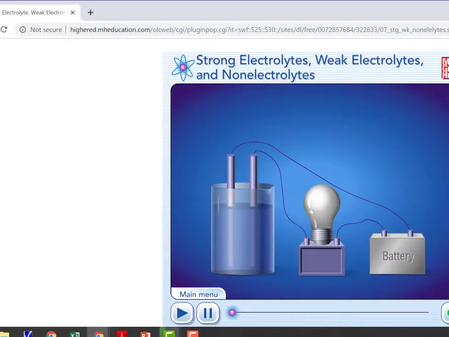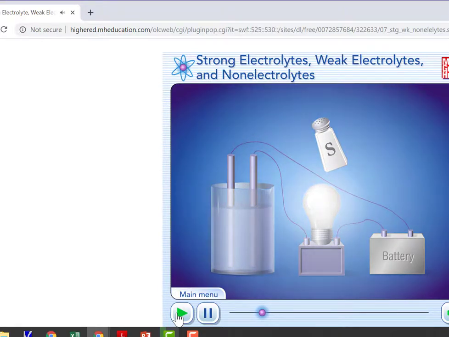Yeah. So, you've seen this before, right? I'm going to speed it up because they're talking and I don't want to hear them. Yeah, you put some salt in. The light bulb goes on. 3, 2, 1, yay! As the salt dissolves, the light bulb comes on.